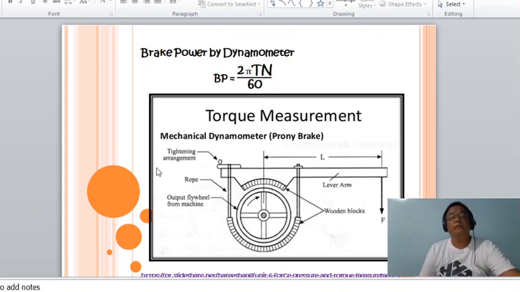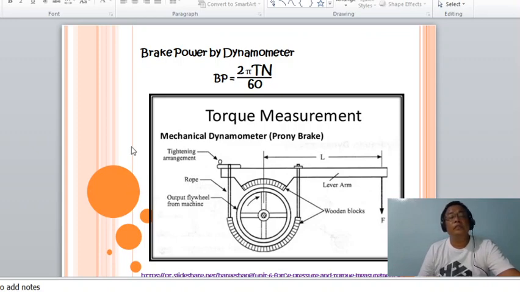So we have here L, meaning this is the length of the arm. F is of course the net force, and then a lever arm, and then the wooden blocks. Okay?